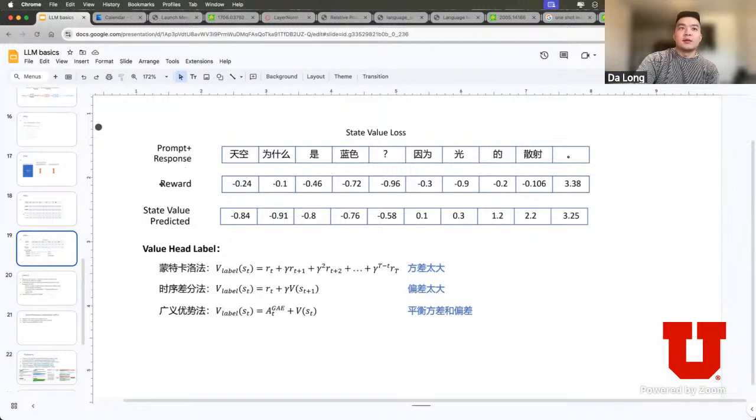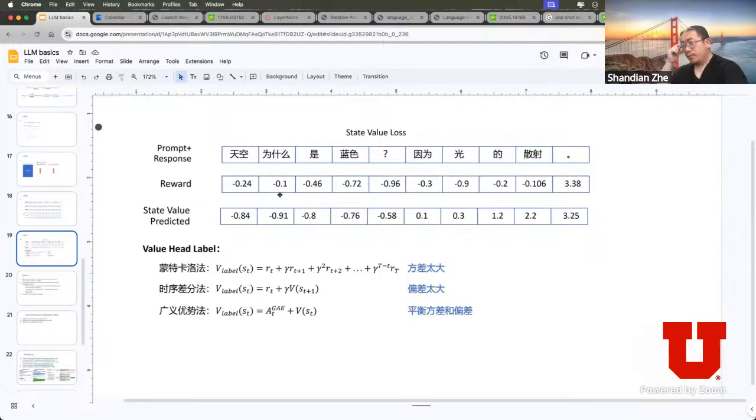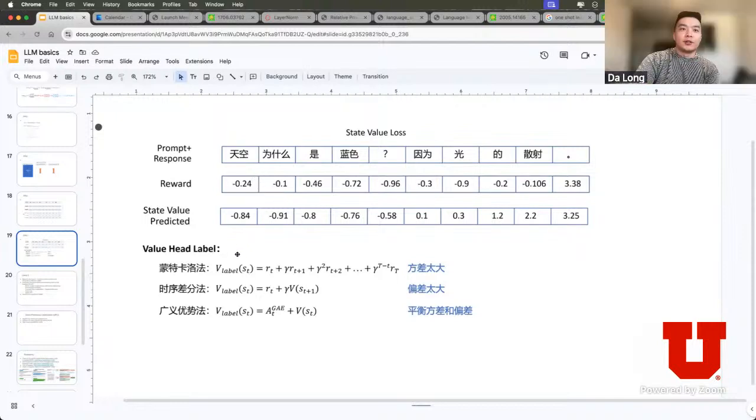This is the reward for every token, and this one is the state model, the value prediction. So you have to use this reward to generate your labels to supervise the prediction of the state value. And there are three different methods.